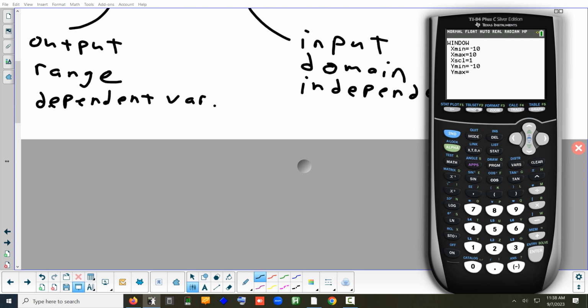Okay, I'm going to set my window back to what we had. I think we had up to 200. And I don't remember if that was negative 25 or negative 30. That's okay. It goes off the screen a little, but I can still tell the shape.